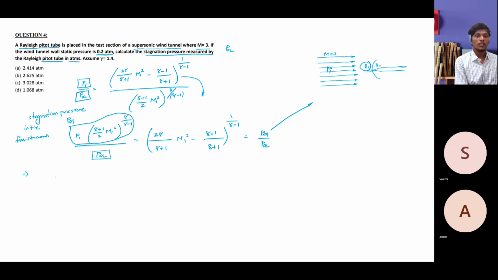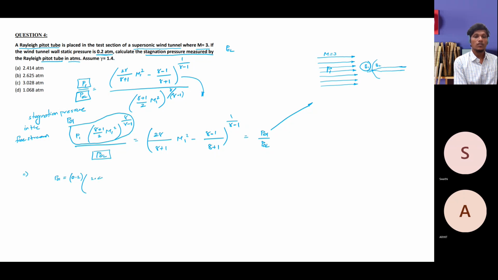So with that information, let's calculate P01, because it is 0.2 atmosphere. As the Mach number and gamma are non-dimensional, everything is non-dimensional, so I can directly use P1 as 0.2 atmosphere.